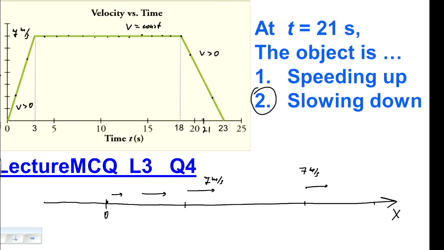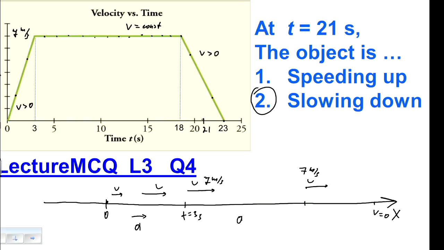And eventually, it stops. Of course, we also can say something about acceleration. Acceleration remains constant and points to the right between 0 and 3 seconds.